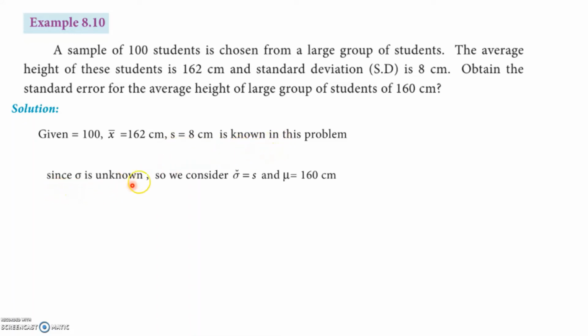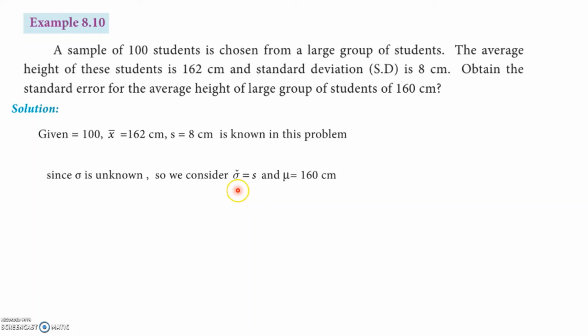Since sigma is unknown, we don't know the population standard deviation. So we're going to consider the standard deviation of the sample as the standard deviation of the population. When you're calculating the standard error, you're normally using the standard deviation of the population.